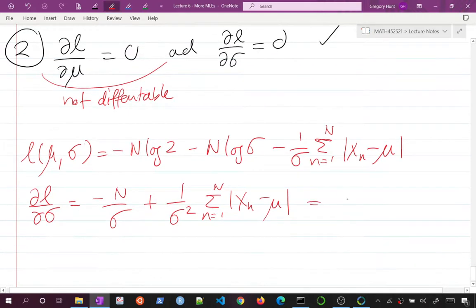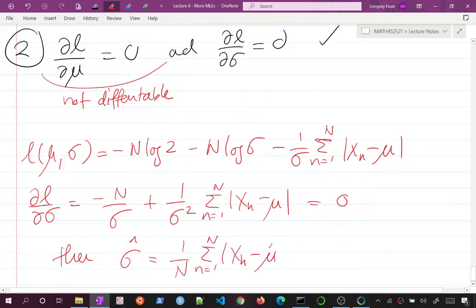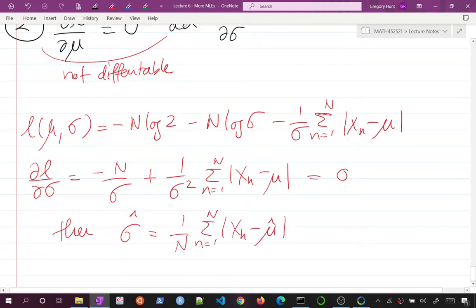So if we were to set this thing equal to 0, I could basically move some of these terms over. I'll let you do the algebra. You would find that our parameter sigma hat is going to be 1 over n times the sum of the absolute values of xn minus mu hat, assuming I could figure out what mu hat is.